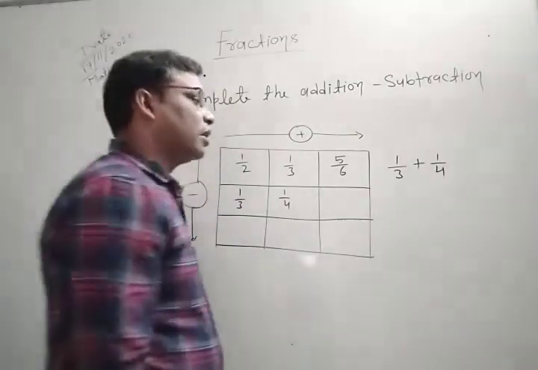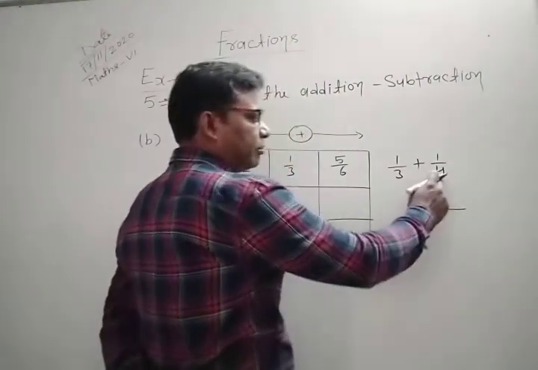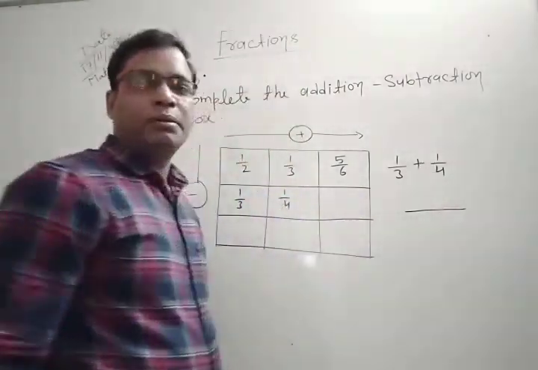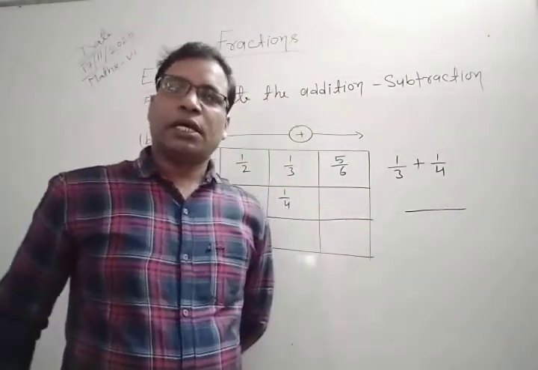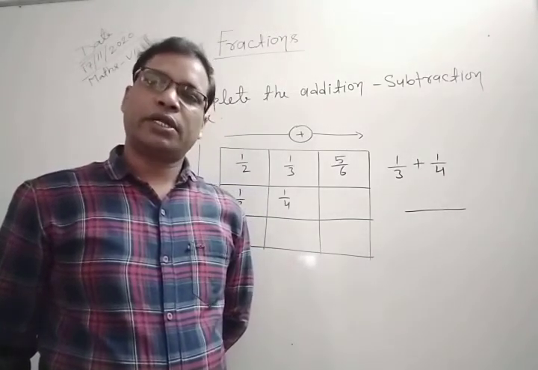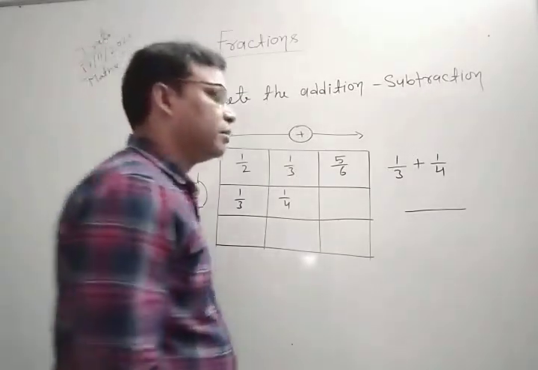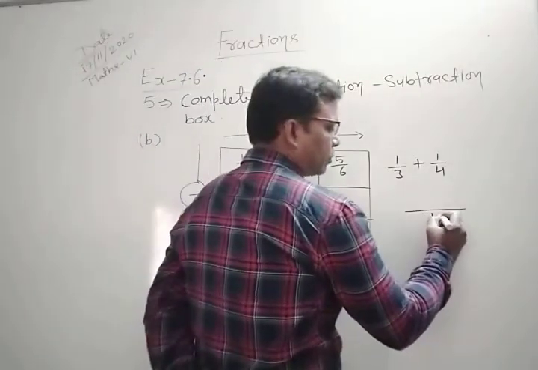So we write their LCM. What is the LCM of 3 and 4? 3 is a prime number, 4 is a composite number. They are not multiples of each other, so their LCM is their product. Okay. So the product of 3 and 4 is equal to 12.